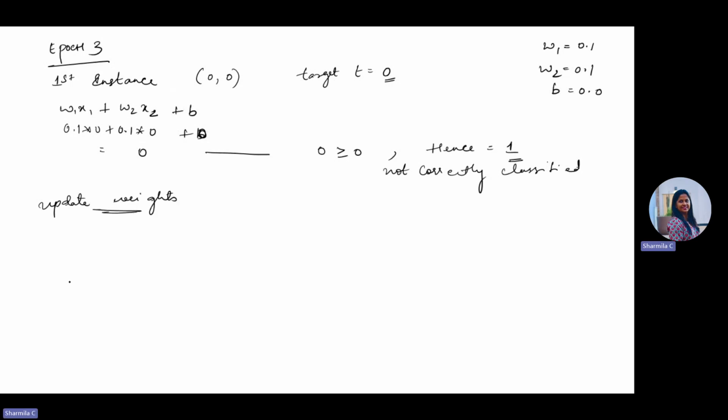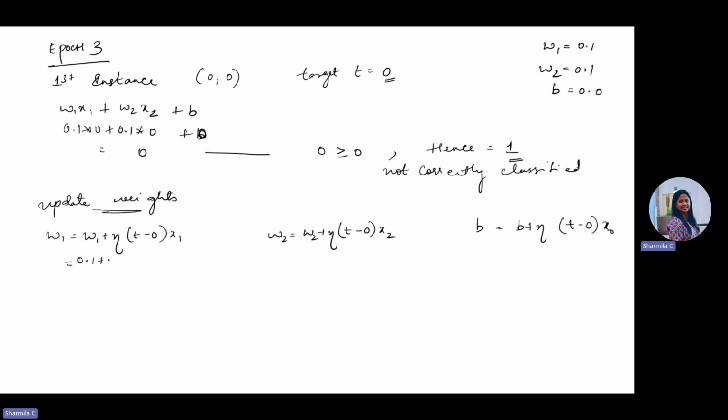Now when we update the weights, W1 equals W1 plus the learning rate, target minus obtained, into x1. Then W2 equals W2 plus the learning rate, target minus obtained, into x2. Then bias equals bias plus the learning rate, target minus obtained, into x0. Substitute the values and find the new weights.